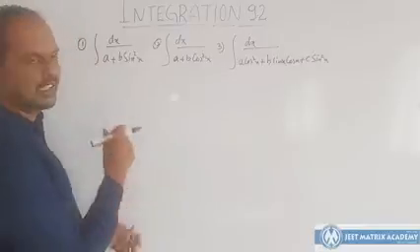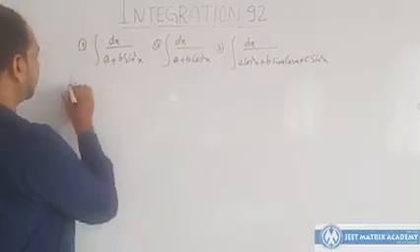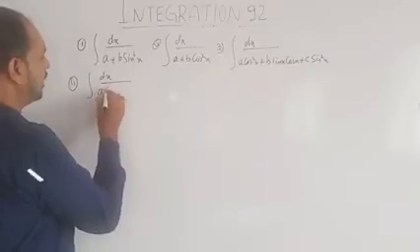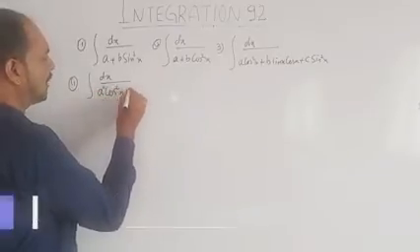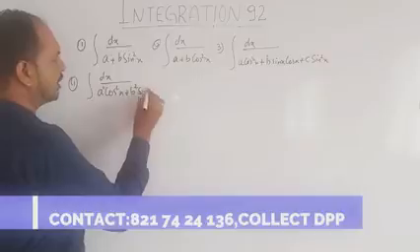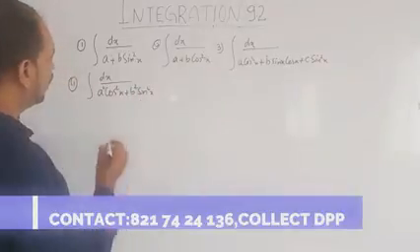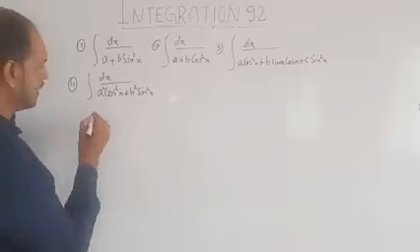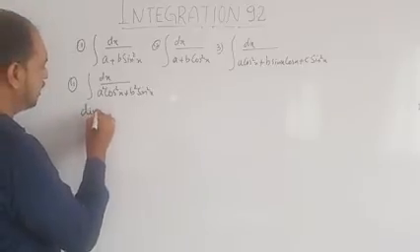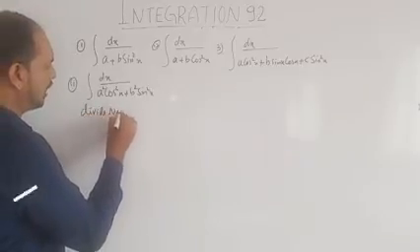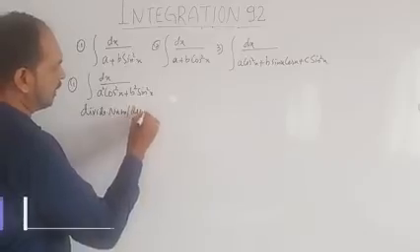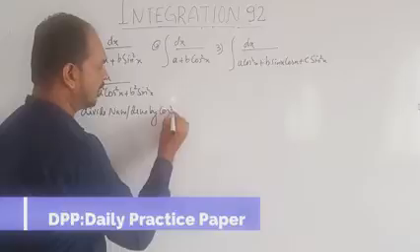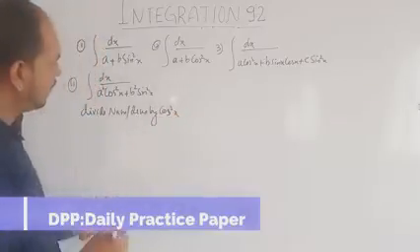First, let's take a simple example: integration of dx divided by a square cos square x plus b square sin square x. What we are supposed to do is divide numerator and denominator by cos square x. We'll see what happens.